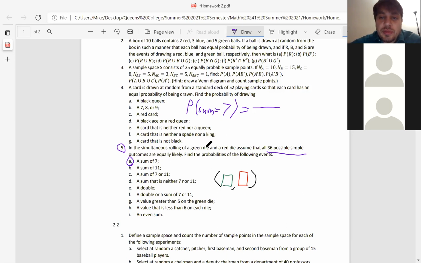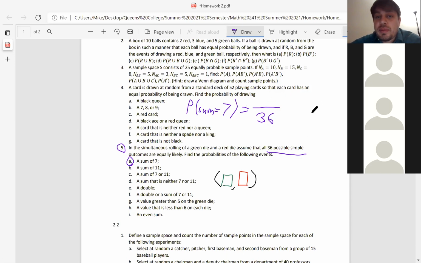It tells you right there, when you roll a green die and a red die, 6 times 6, there are 36 ways to roll 2 dice. And how many of those 36 rolls have a sum of 7?